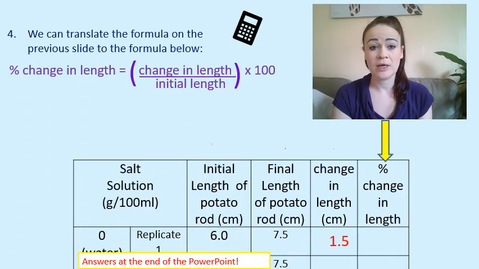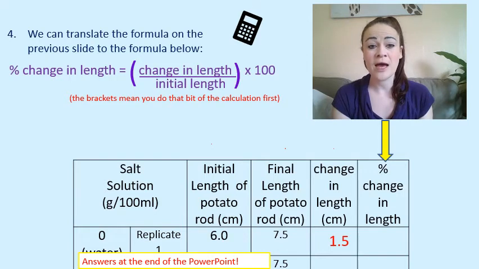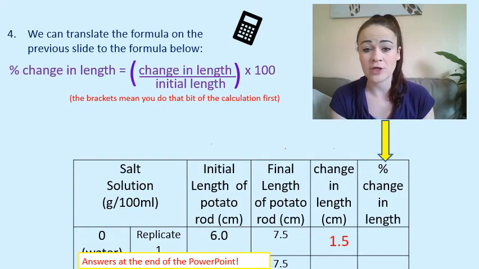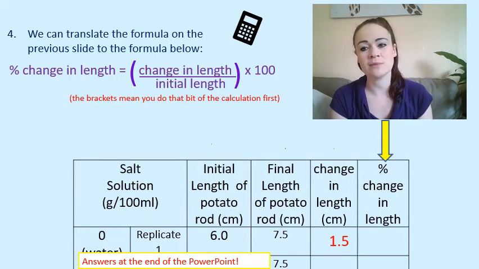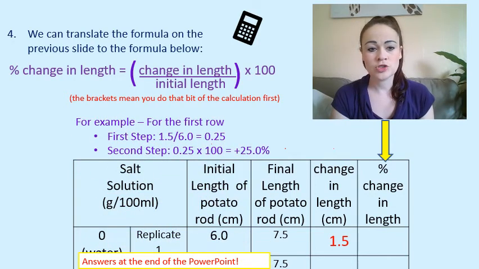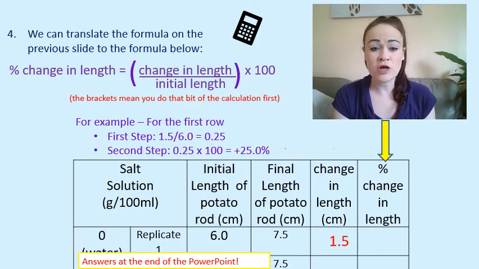Again, this is the same equation, maybe laid out a bit differently. We're going to do our change in length divided by the initial. And remember, the brackets mean you must calculate that first before you times it by 100. When I say first row, it means the first row in the results table.